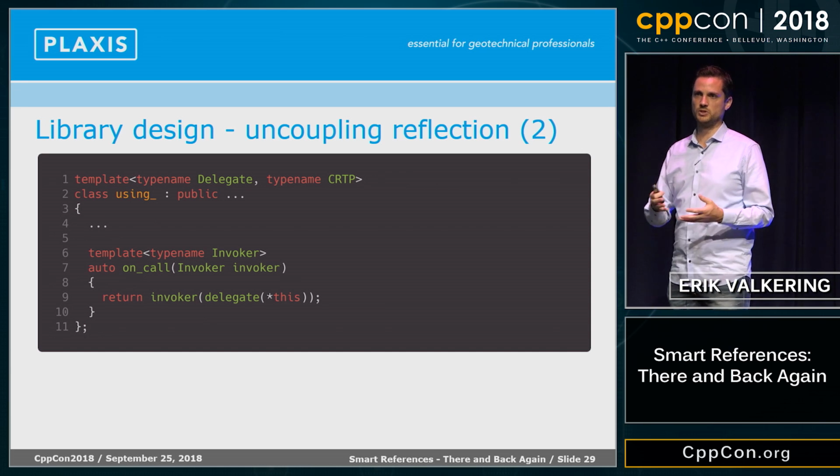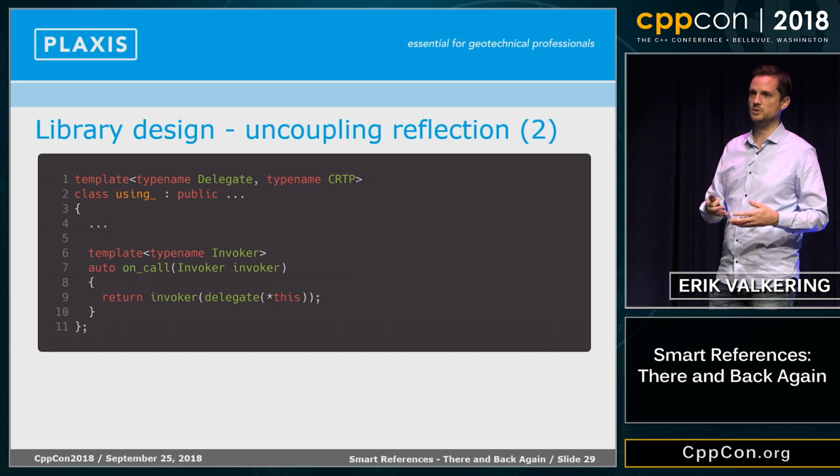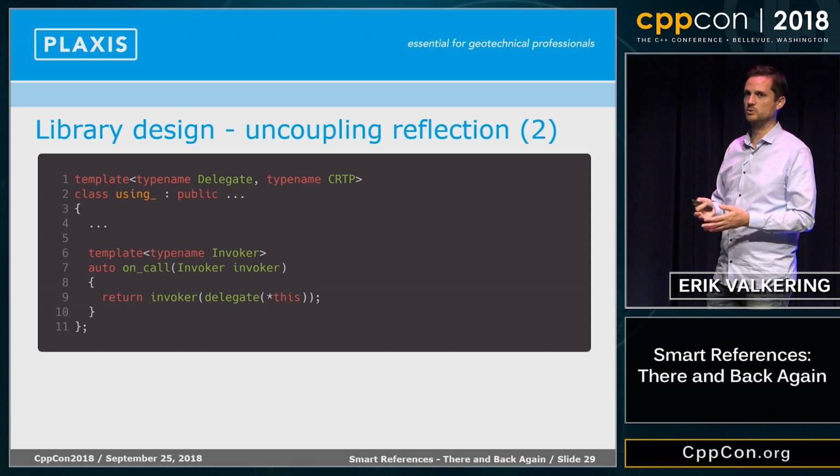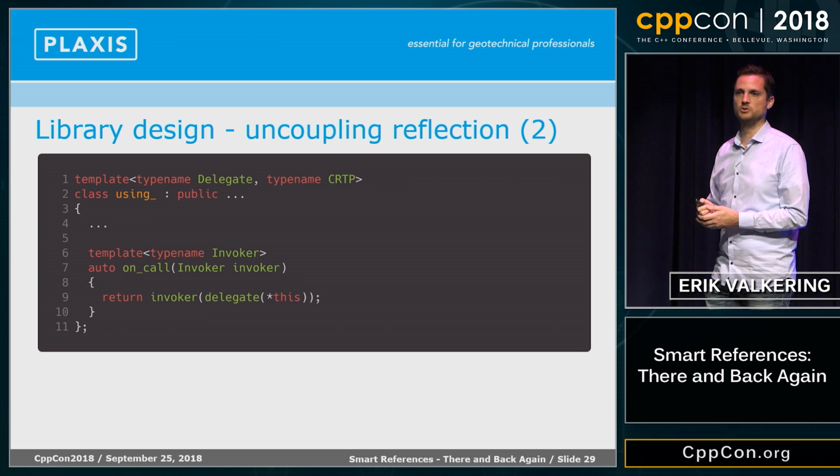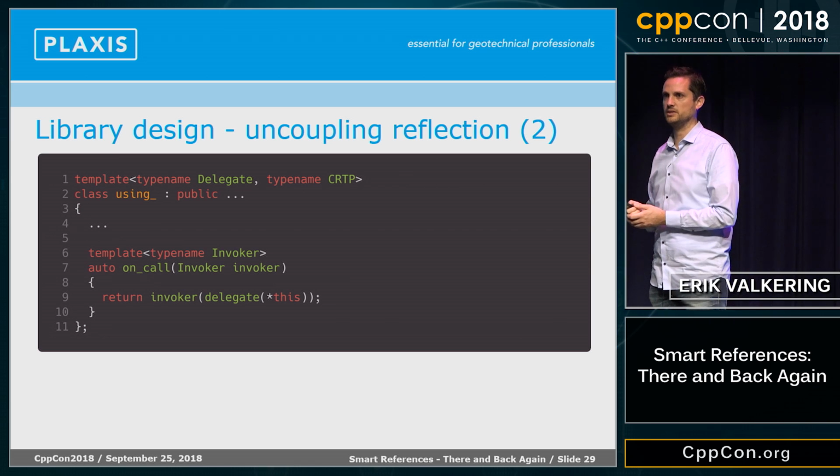So for example, the proxy class might want to do some additional logic compared to another proxy class, a smart reference class. For example, the strong typedef might do something else.